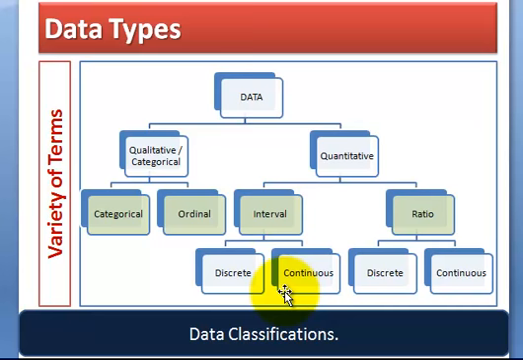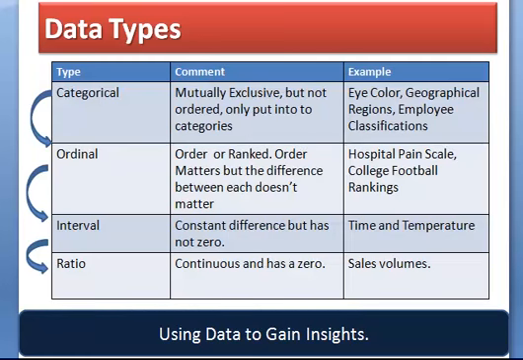Continuous meaning all the numbers are filled in. Discrete meaning like 1, 2, 3, steady increments. Now, back to the way our book defines it: 4 categories: categorical, ordinal, interval, and ratio.